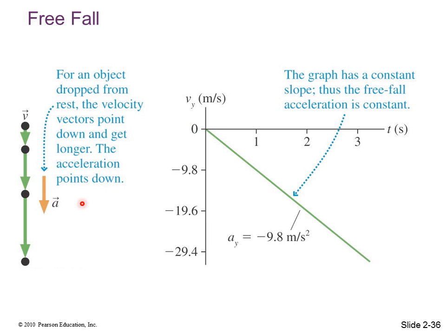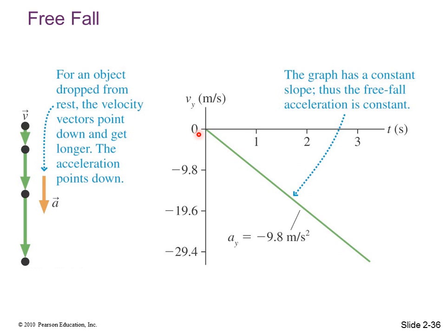Since we know that the acceleration due to gravity here on Earth is negative 9.8 meters per second squared, I've also said you could use negative 10 meters per second squared. On the AP test, you will use negative 10 meters per second squared. Problems that you do in the college physics book, if I assign you problems, you'll use the negative 9.8 meters per second squared because the answers in the back of the book correspond with this particular given piece of information.